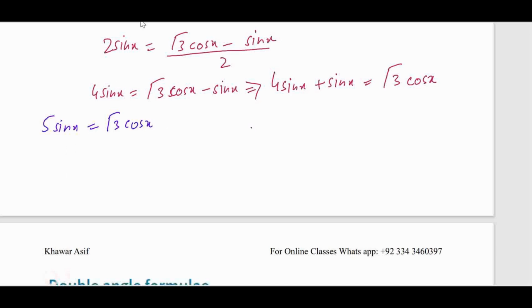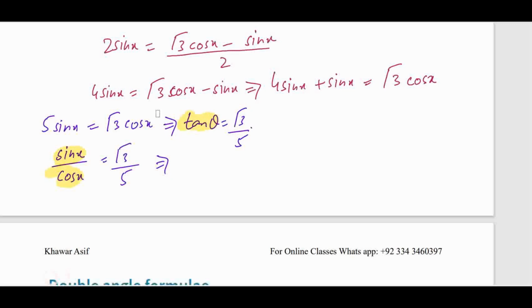And if we further rearrange it, sine of x divided by cos of x is equal to square root of 3 by 5. Then this will become tan x is equal to square root of 3 by 5, because we know that sine of x divided by cos of x is equal to tan of x.